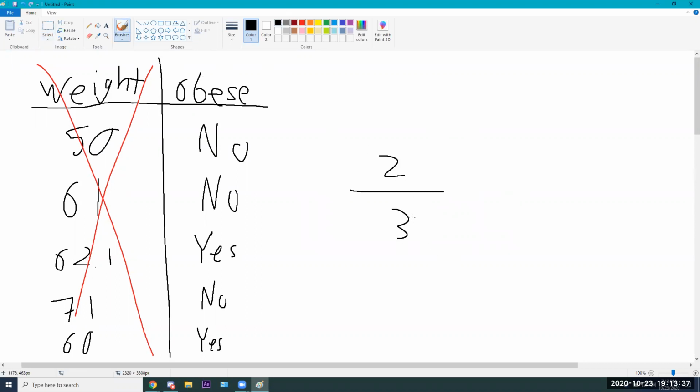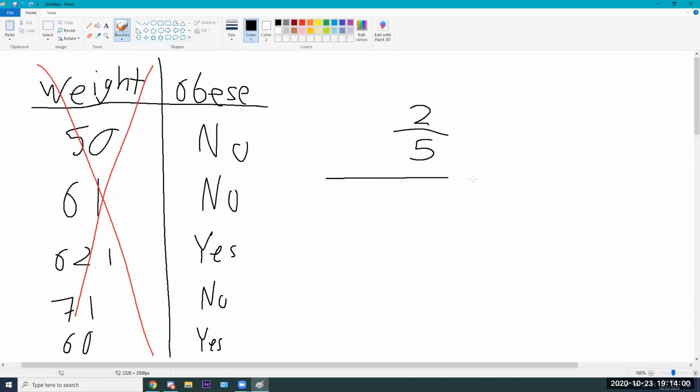And the thing with this is, if you have a binomial distribution, you can actually get the odds from the probability. First of all, let's look at the probability. It's 2 over 5.